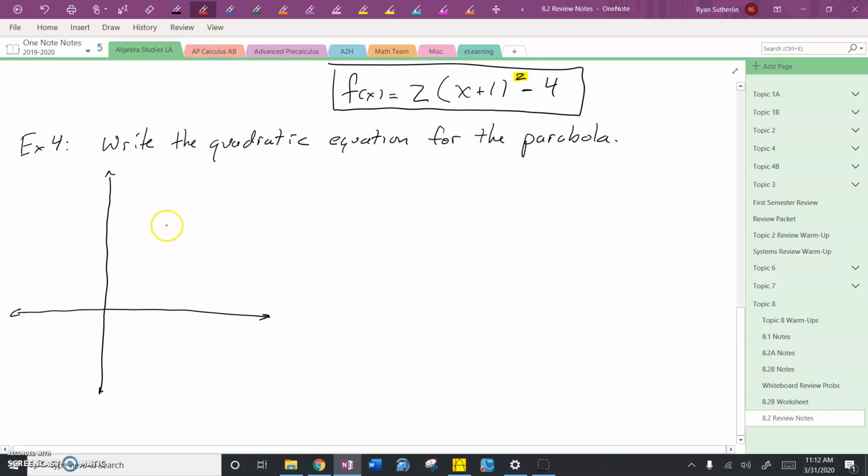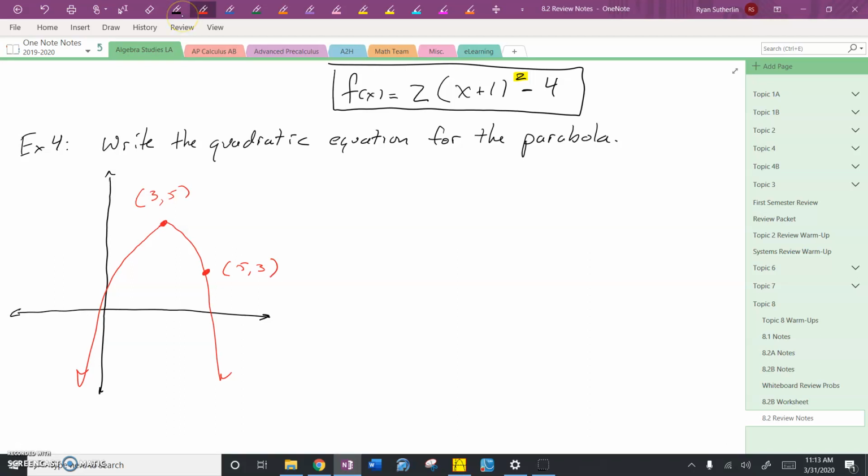So we're going to have one that looks like this, where the vertex is at (3, 5), and it passes through the point (5, 3). So use your work that you saw for example 3, pause the video, try to do it, and then unpause the video and see how you did.